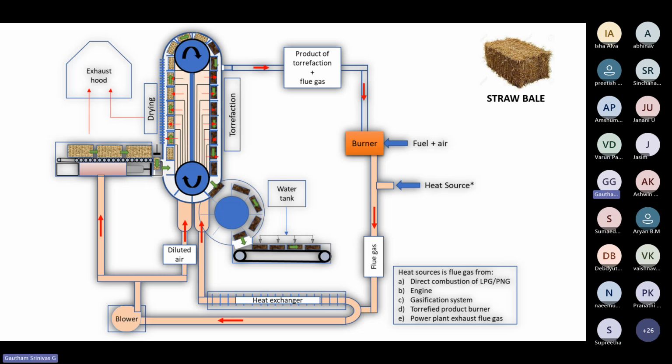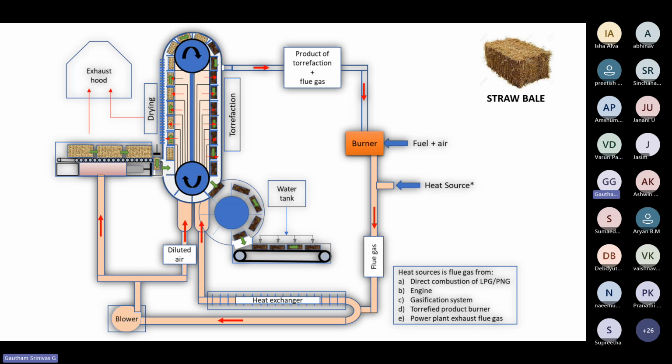So if you have a temperature of more than, let's say, 350 or 400 degrees, this can be a maximum of 400 degrees at the outlet here. Because there is the heat transfer efficiency also. So then the biomass will be at 300, 350, around that range. If it goes more than that, then it will get pyrolyzed instead of torrefied, and we'll be losing out on a lot of energy.